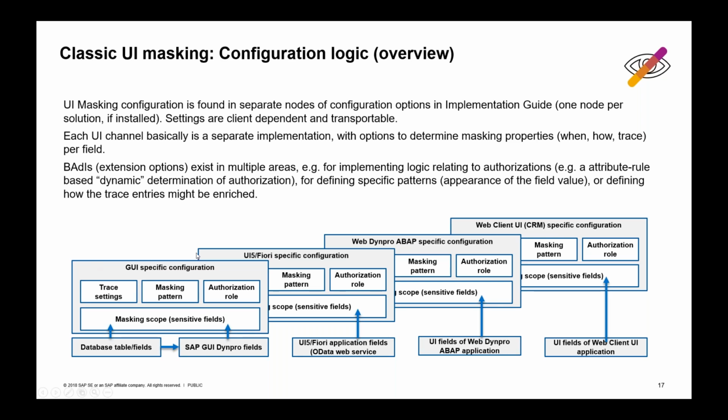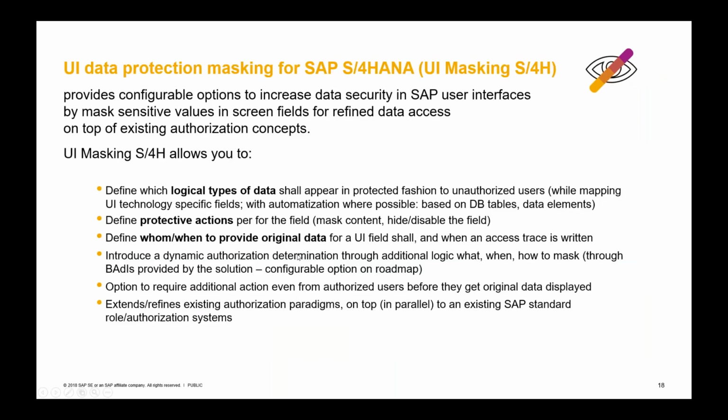Now with the latest release of UI data protection masking for SAP S/4HANA, as it is called, we have strongly enhanced the functionality besides bringing together those four solutions. We have completely overhauled the configuration logic. Basically, we are grouping those four different UI technologies into one overarching, you could call it, data object. We refer to it as a logical attribute. Say I have a logical attribute, which is social security number.